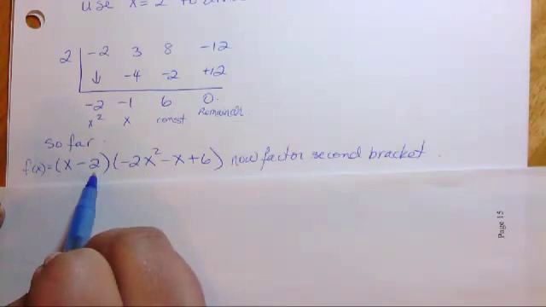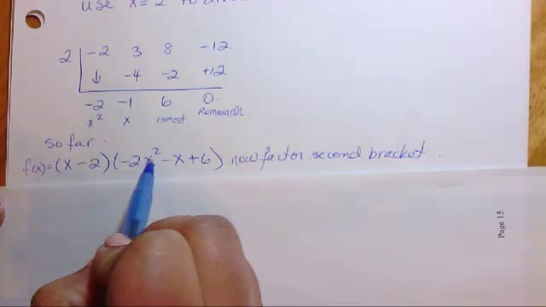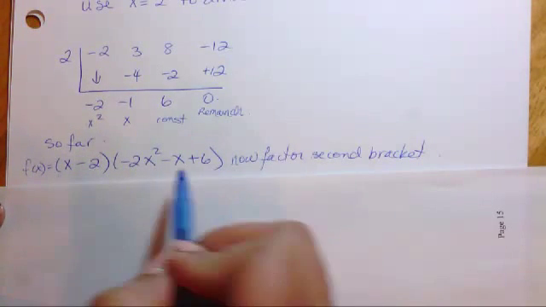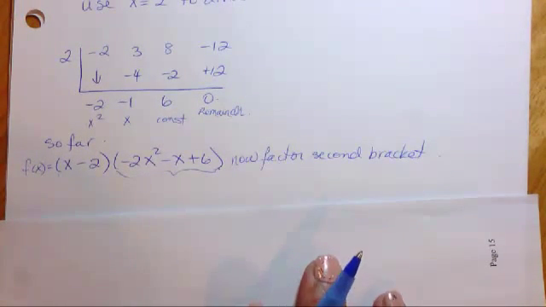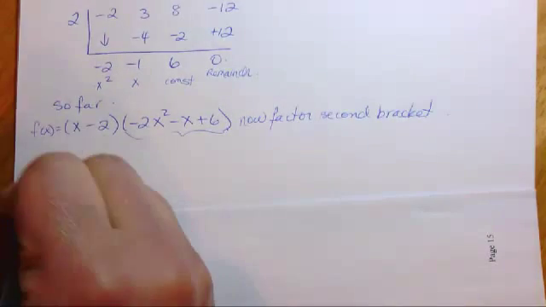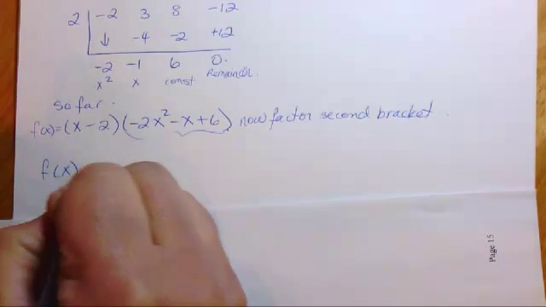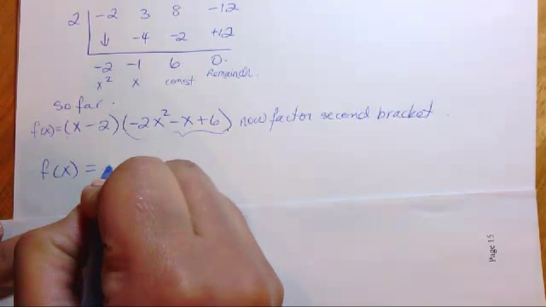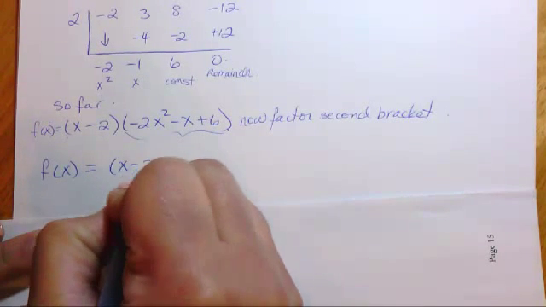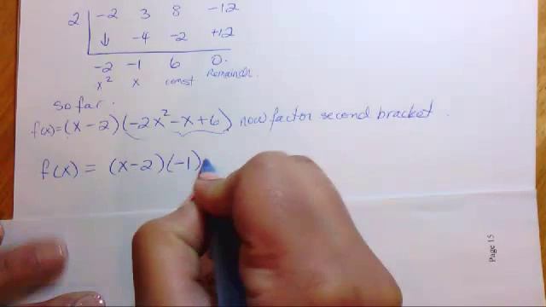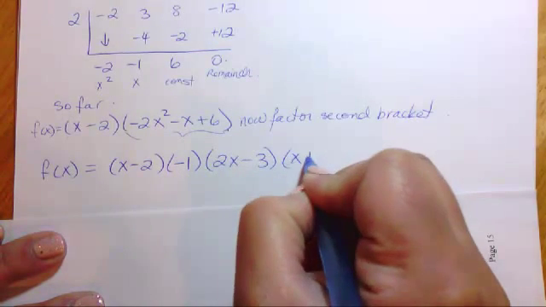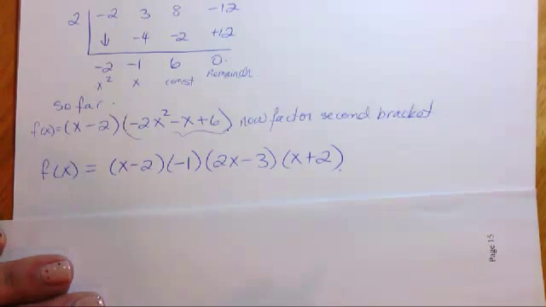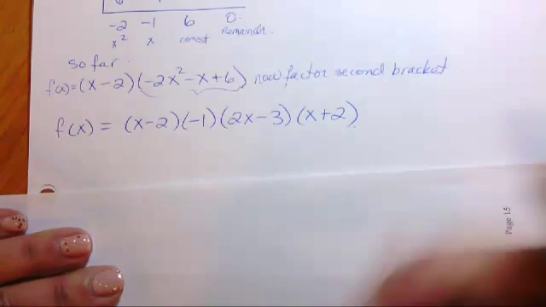I've got x minus 2 multiplied by negative 2x squared minus x plus 6. Now I need to factor the second bracket. By doing so, I see that I now have f of x is equal to x minus 2 times negative 1 times 2x minus 3 times x plus 2. Okay, so I'm going to rearrange that to write the negative 1 out in front so I can clean it up a little.